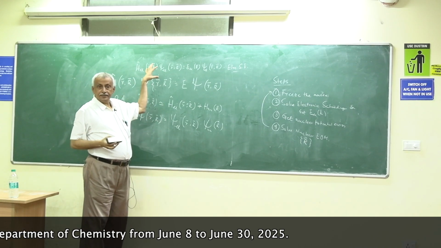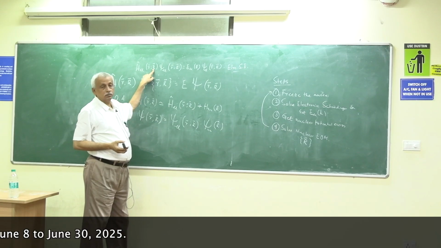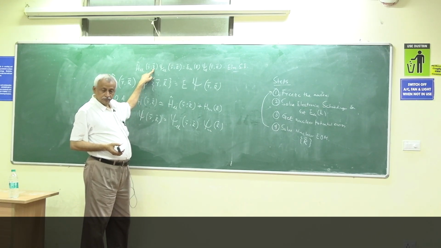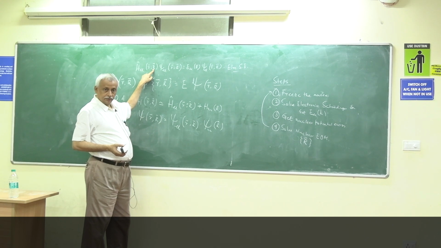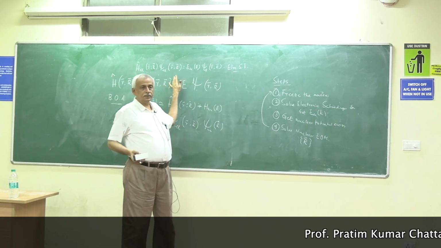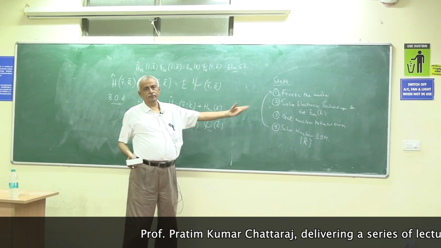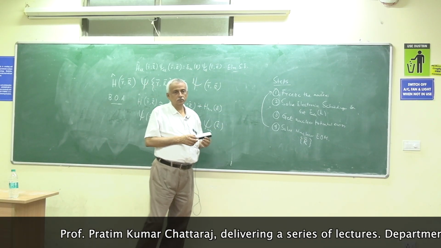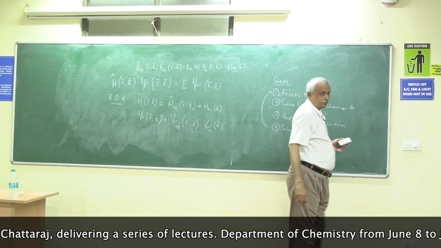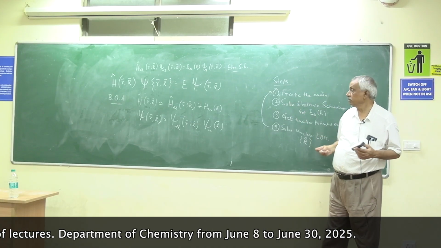Here you can see in the electronic Schrödinger equation, your capital R has some information. You get that information from freezing the nuclei, solve it, you get electronic energy and wave function, and then you follow. I will tell you as we go further what the different steps are that we will have to take.